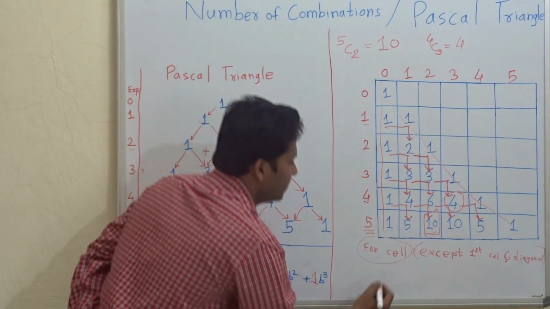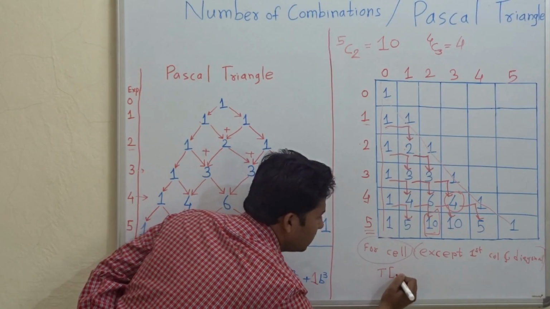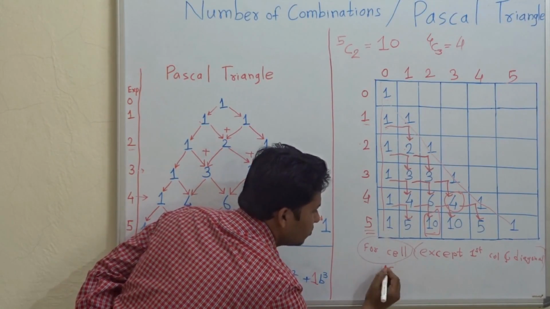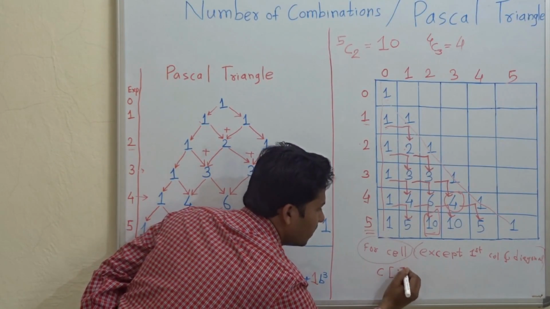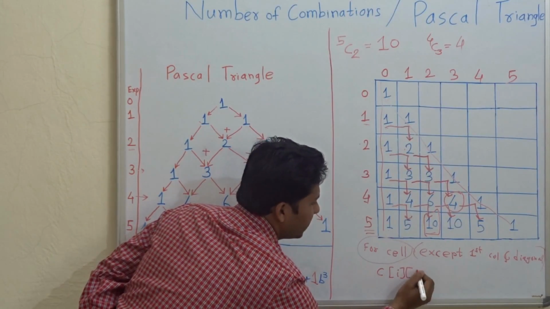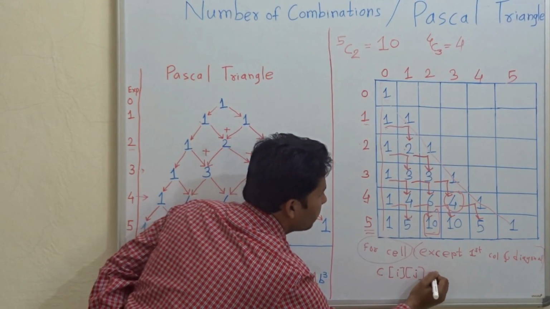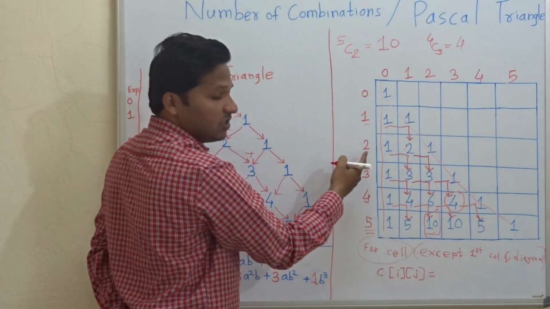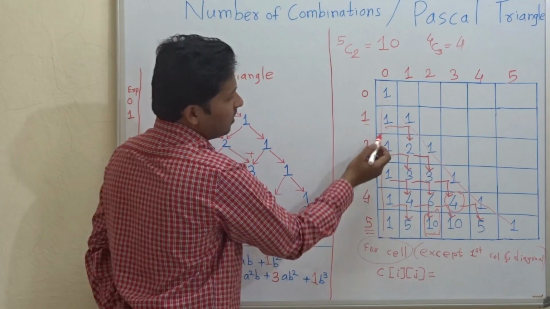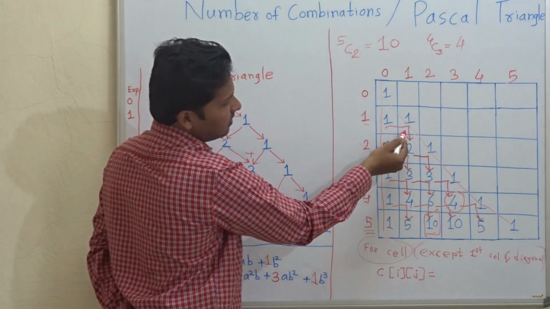So the formula is, make use of C of i j. So i is this row and j is column. C of ij is equal to, see, this plus this.